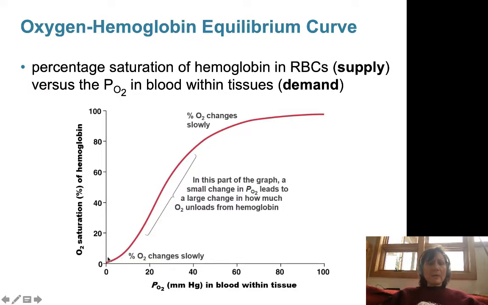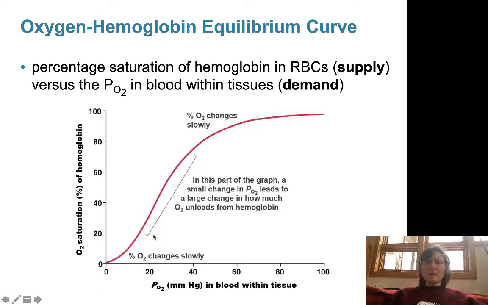And notice that when the partial pressure of oxygen in tissues is low, the percent saturation in blood is low. And when the partial pressure of oxygen in blood is high, the percent saturation in hemoglobin is high. And there's this very, very steep curve.